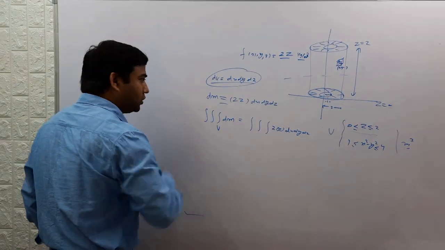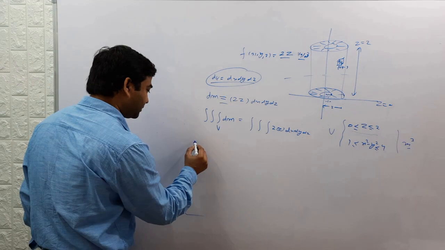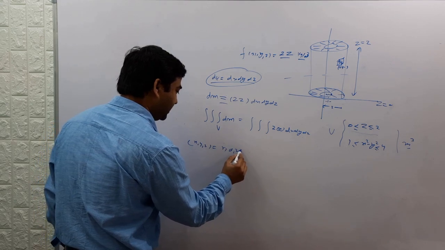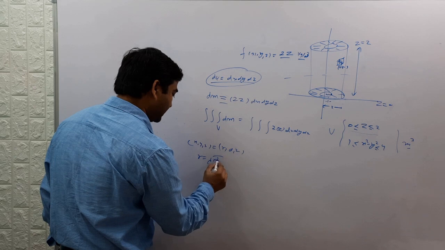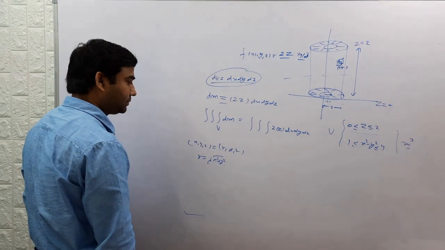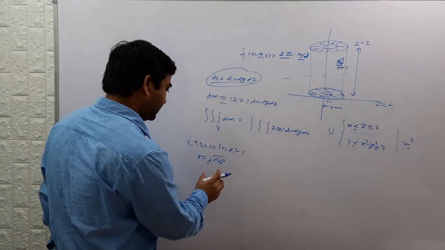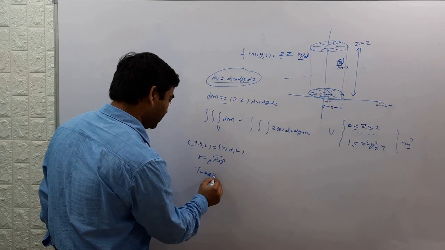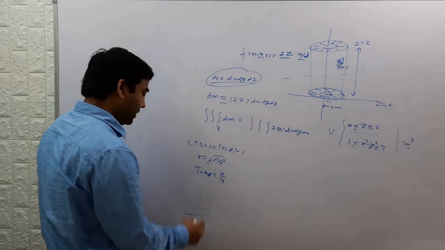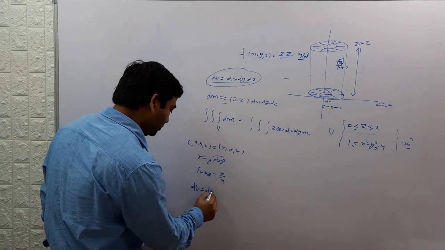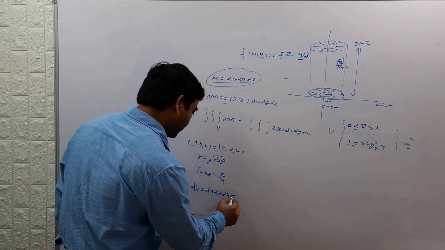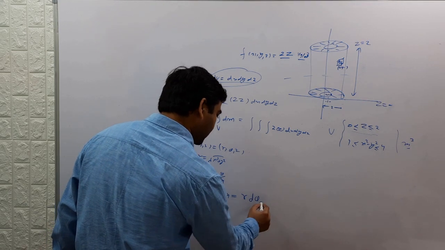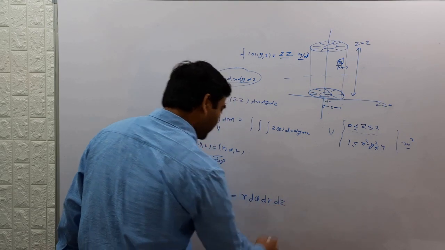Just recall, in the cylindrical coordinate system, point (x, y, z) is represented as (r, theta, z), where r is equal to under root x square plus y square, and tan theta is equal to y by x, and dV is equal to dx dy dz is equal to r d theta dr dz.